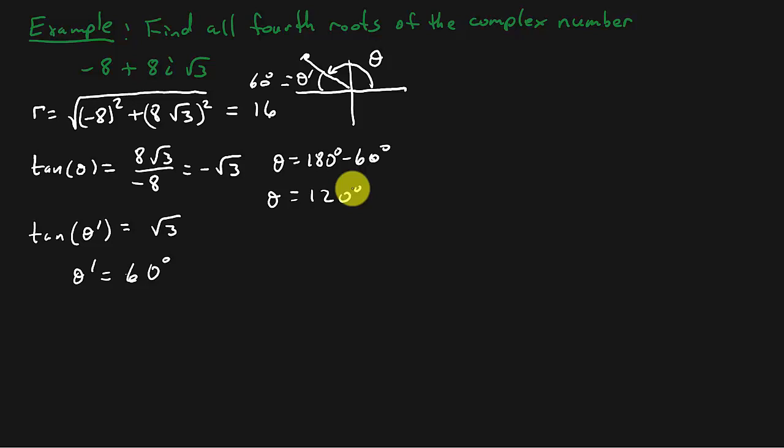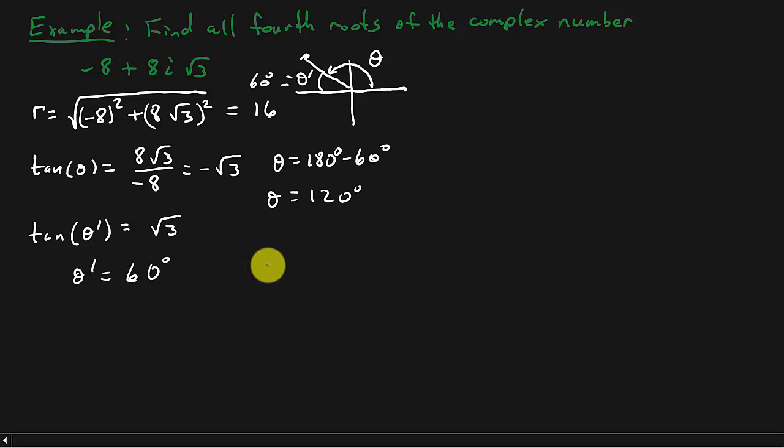And I want to find all fourth roots. Let's go ahead and write our complex number down. The complex number is r times cosine theta plus i sine theta.